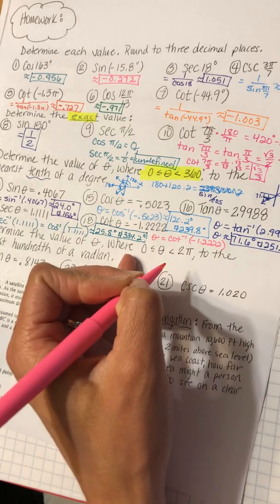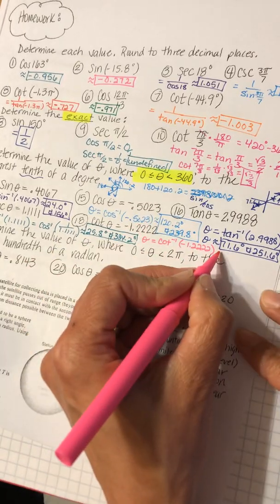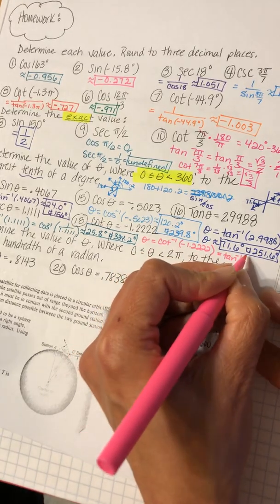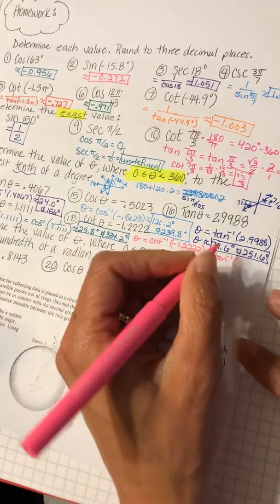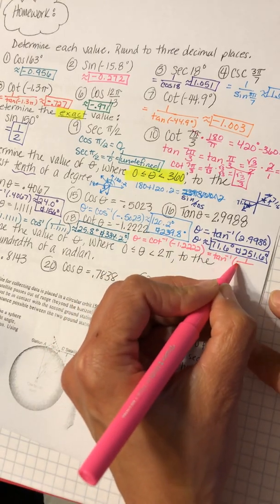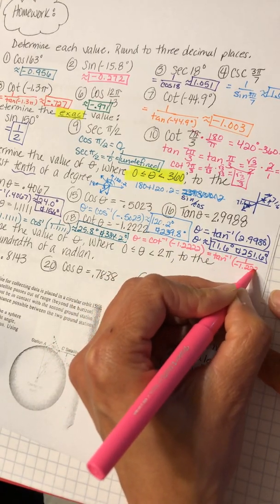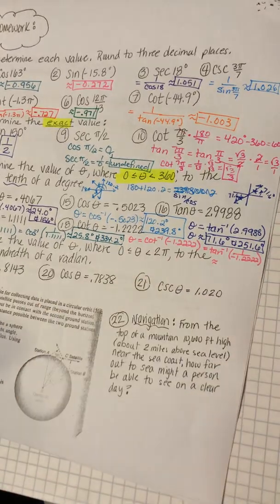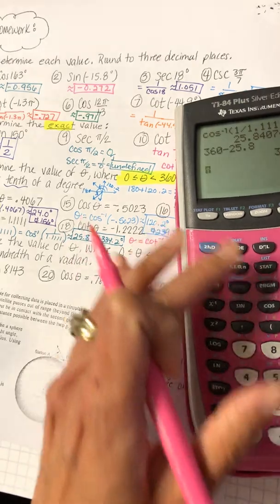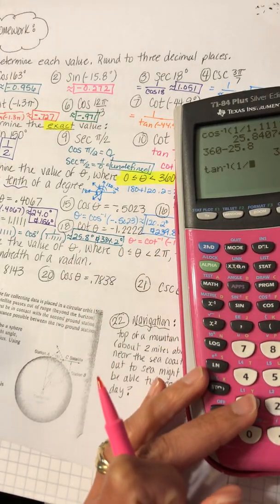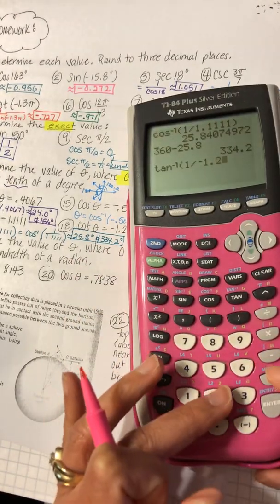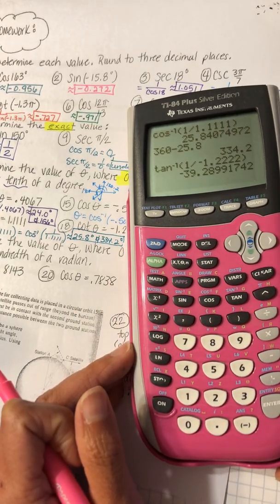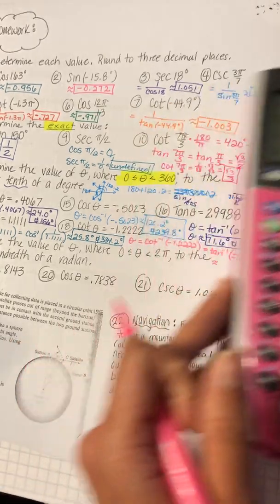We don't have a cotangent button though, so we're gonna have to convert this to tangent. So the tangent inverse, but tangent is the reciprocal of cotangent, so it'll be tangent inverse of 1 over negative 1.2222. And let's see what we get. So second tangent, 1 over negative 1.2222. And I get negative 39.3.